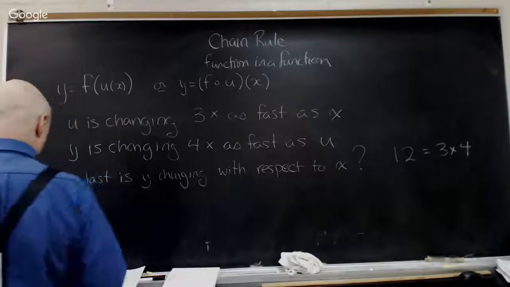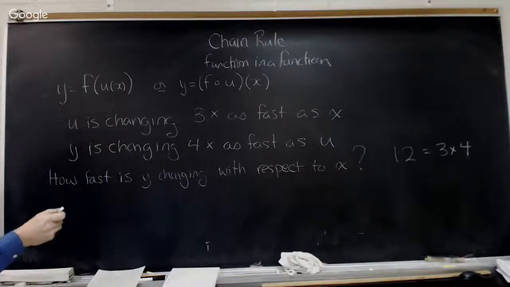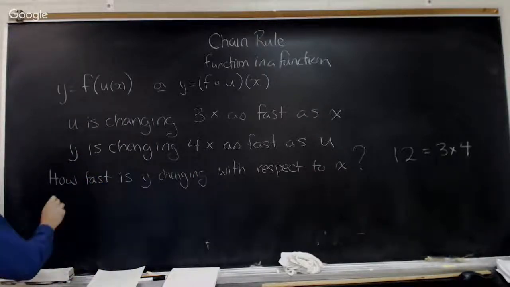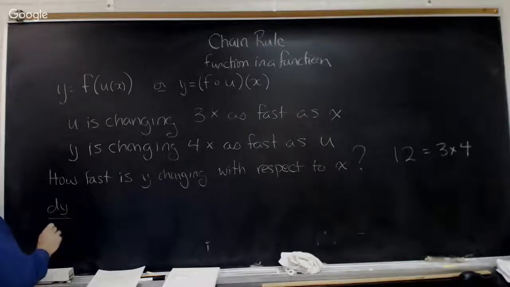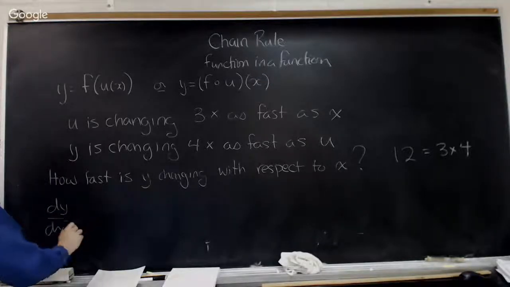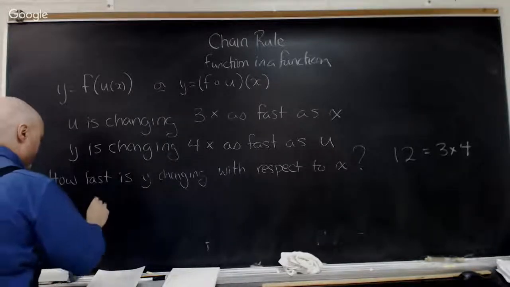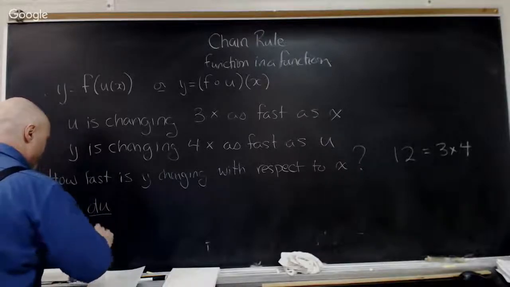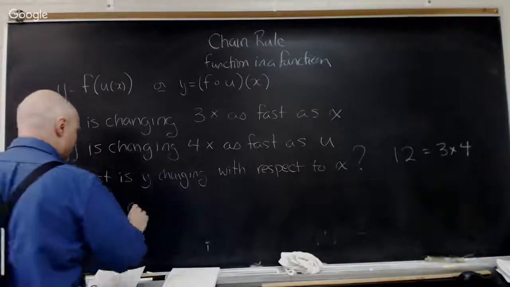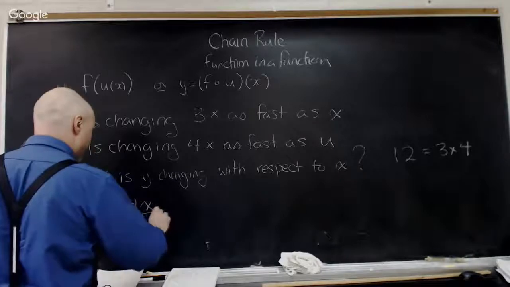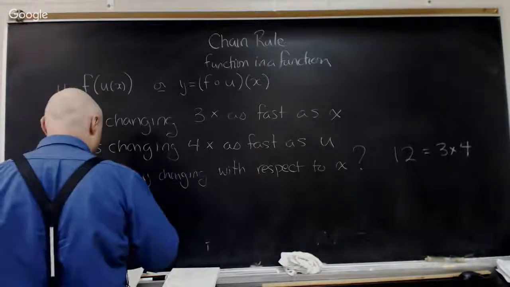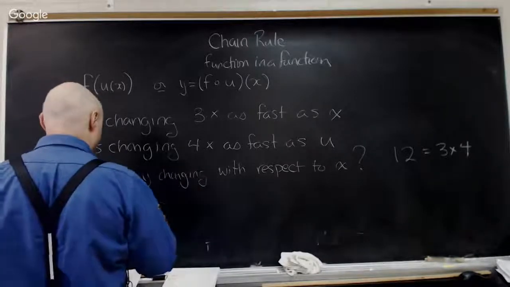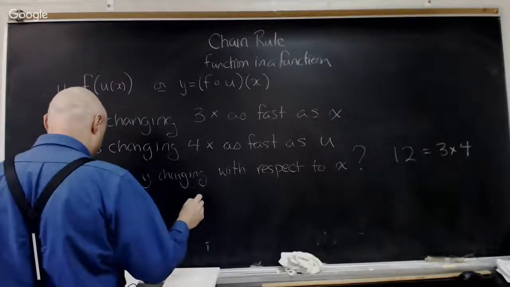If we look at it this way, we can say that the rate of change of y with respect to x is equal to the rate of change of y with respect to u, which in this case is 4, times the rate of change of u with respect to x. Oh boy, I just messed that up.